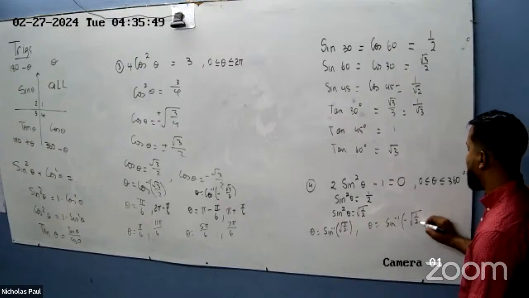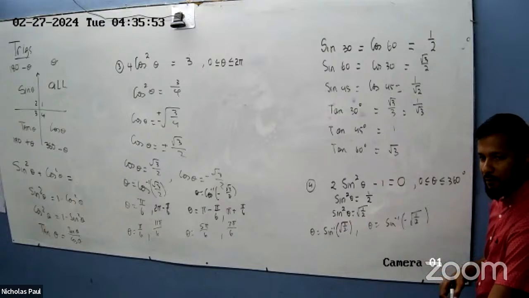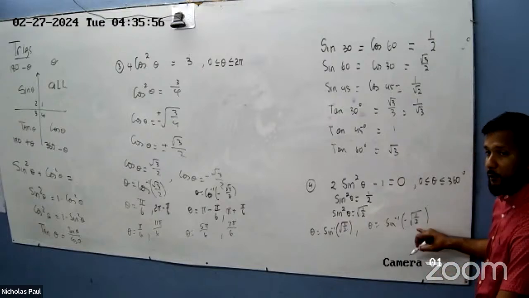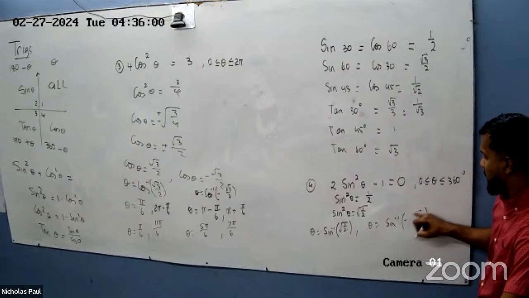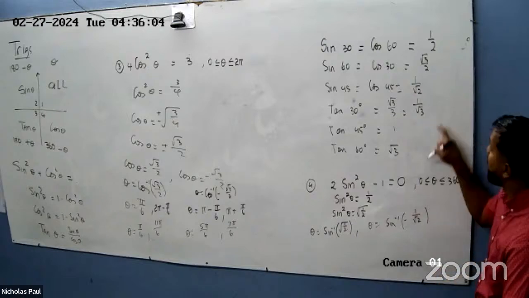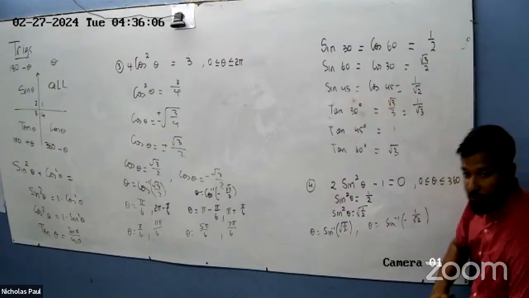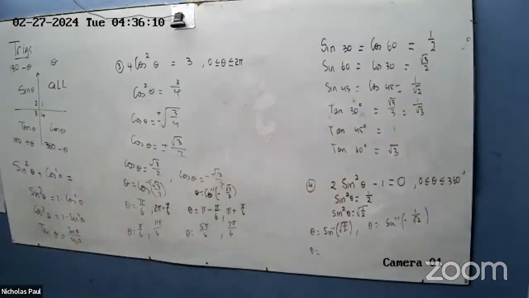Please remember, the square root of 1 on root 2 is the same as what, Esther? It's the same as 1 on root 2, which is 45. Okay? Fix it up quick and then let's take a look at the next one.